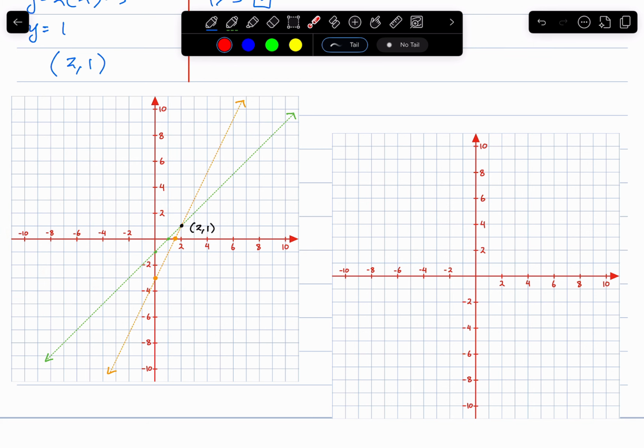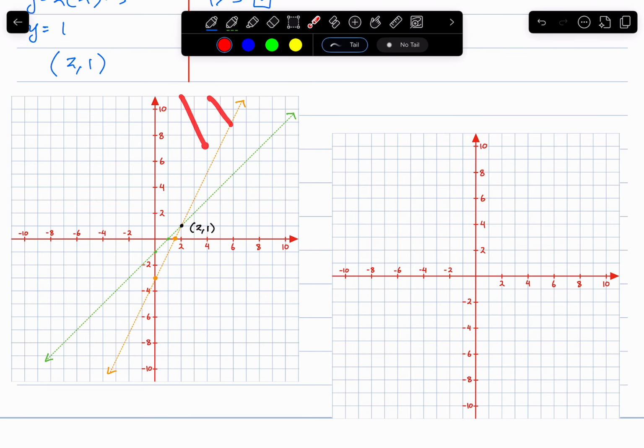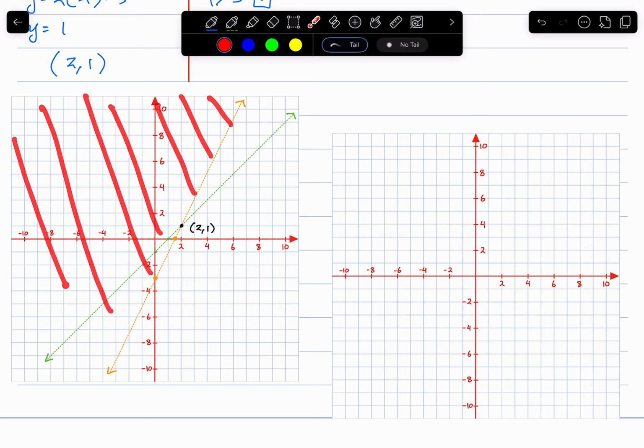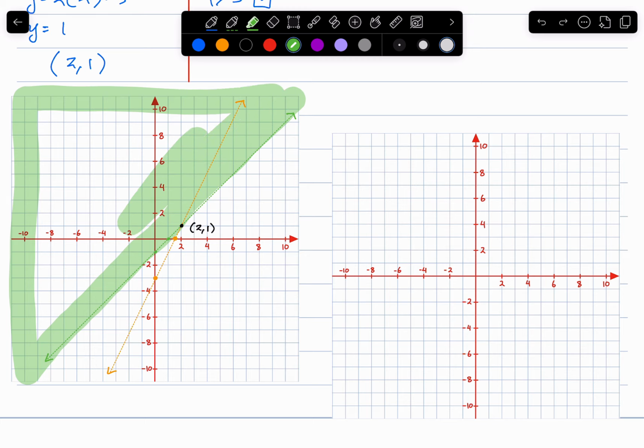If it's not below the orange, then it must be above the orange, this one here. So it's above the green, like this, and it's above the orange, which is going to be this one.